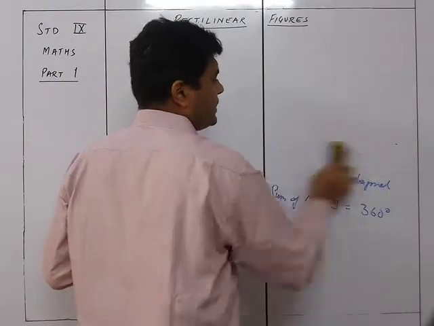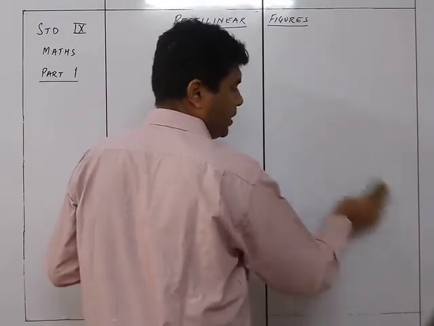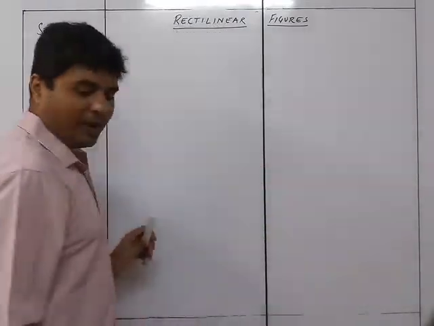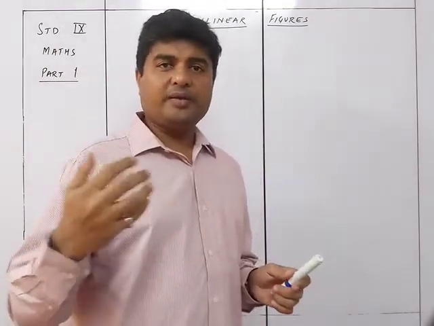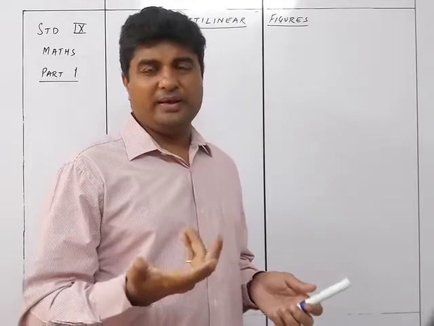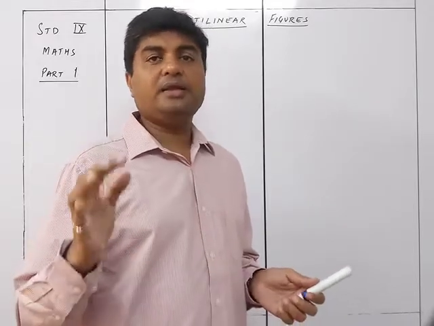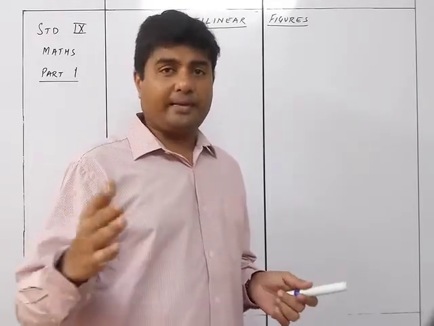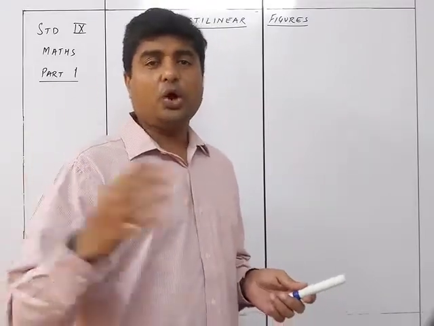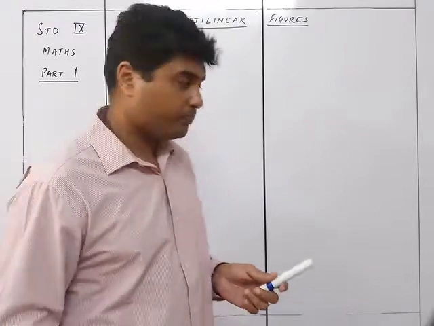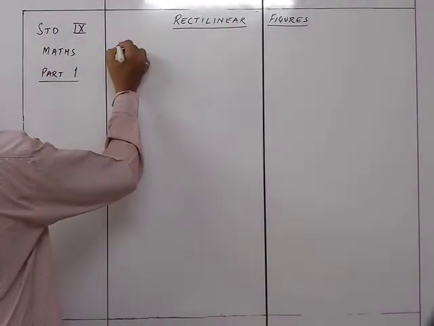The quadrilateral can be broadly classified into two kinds. One is a trapezium, another is a parallelogram. The trapezium has only one special type, that is the isosceles trapezium, and the parallelogram has different types: the parallelogram itself, then rhombus, rectangle, and square. All these are types of parallelogram. So let's see. First of all is the trapezium.